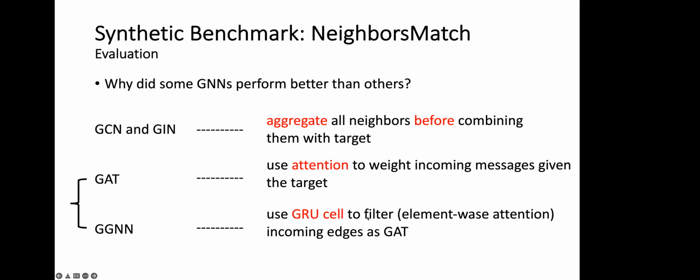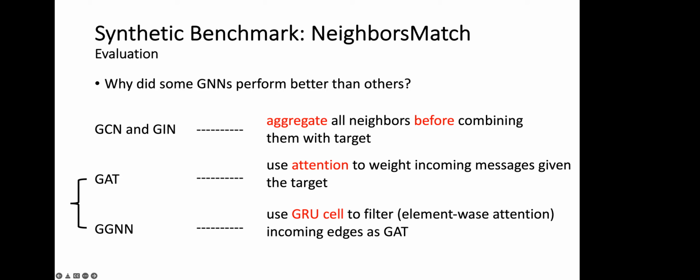In contrast, GAT uses an attention mechanism to weight incoming messages given the target's representation, and GGNN uses a GRU cell to filter incoming edges. So GAT and GGNN use some mechanism to know which neighbor nodes they should consider more. At the last layer, the target node can ignore the irrelevant incoming edges and absorb only the relevant incoming edges for GAT and GGNN.